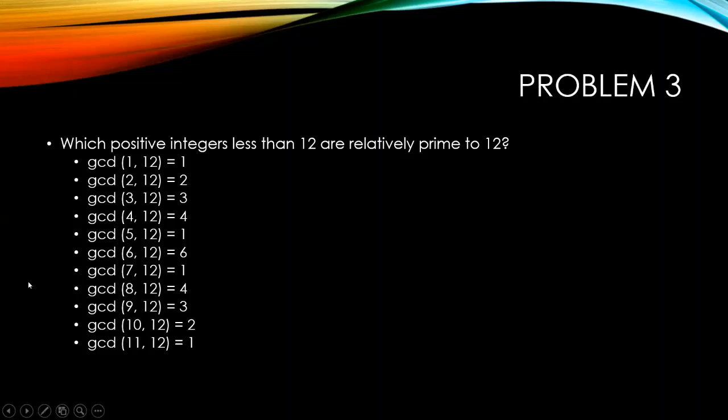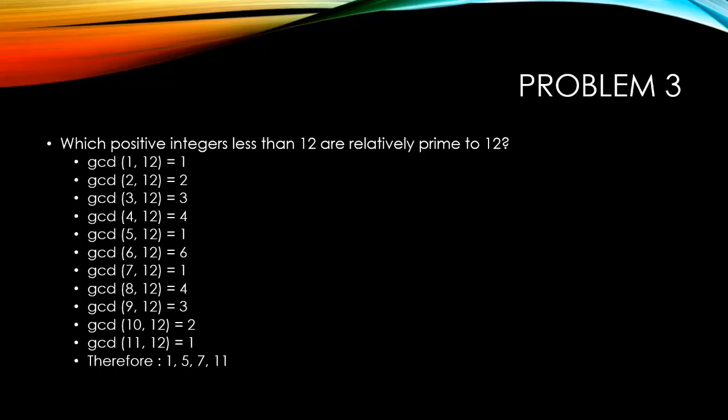So it means that 1, 5, 7, and 11 are relatively prime to 12 since the only common factor is 1. Okay, the GCD is 1. So that will be the result of this problem.